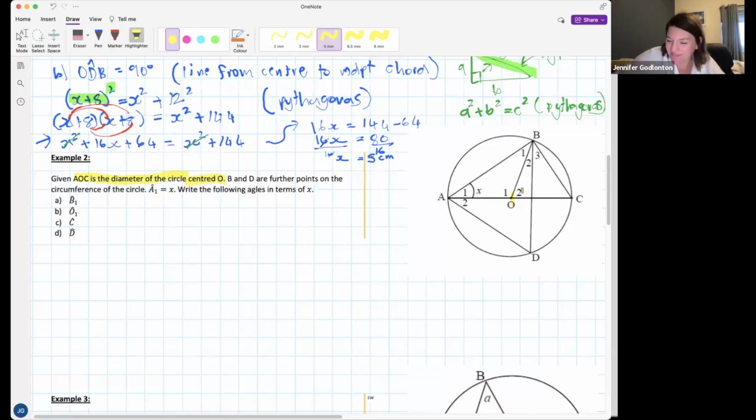OB is equal to OA. And? OB and OA. There's another one. What's our third one? There you go. Vuya's got it: OC.